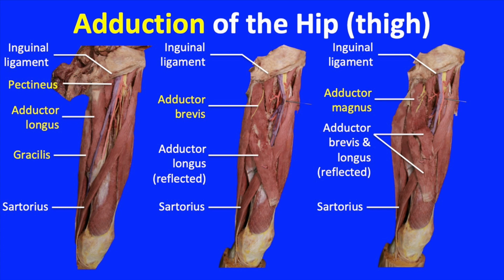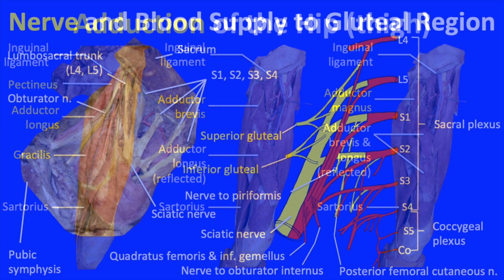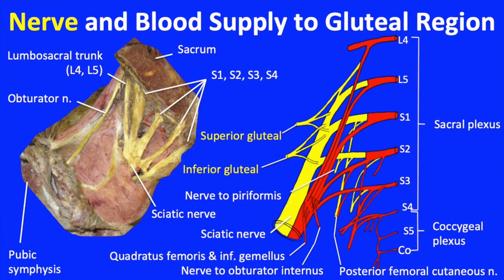Having described the muscles that bring about the actions at the hip joint, you know what comes next, their innervation. I showed this slide previously when I described the innervation of the muscles of the pelvis. First, let's look at the innervation of the muscles of the gluteal region.